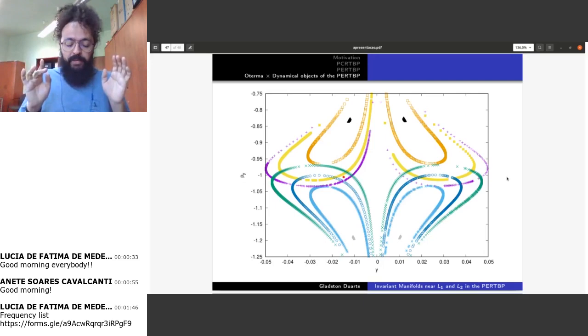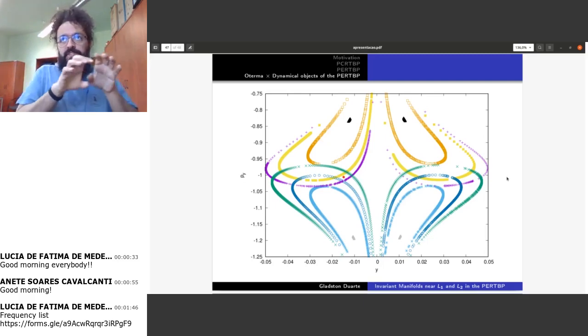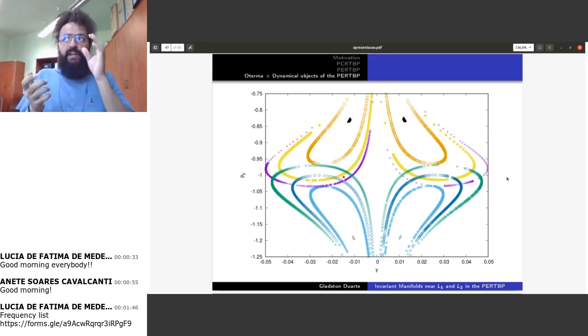For the circular problem, these tube manifolds have codimension 1. So they divide the phase space into outside and inside. So whenever a particle is inside of them, it will stay inside of them because they divide the phase space.